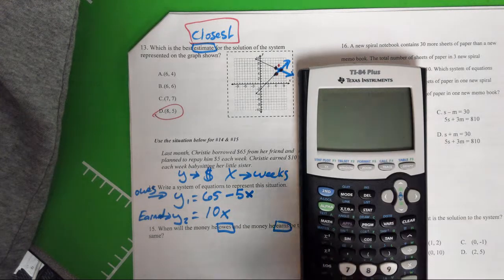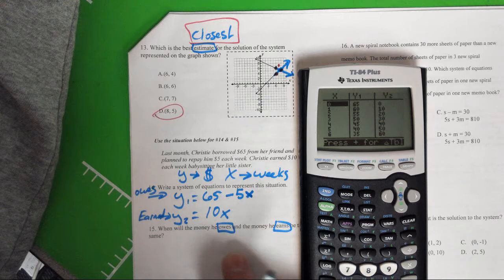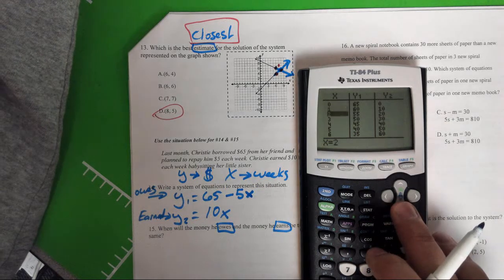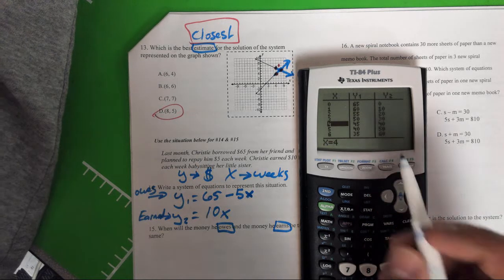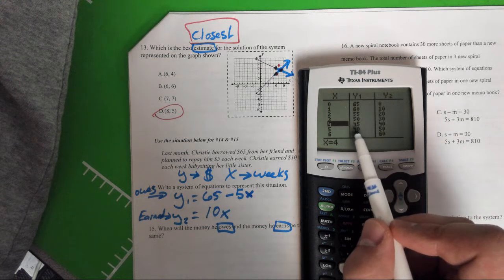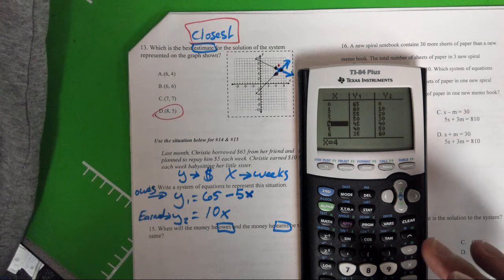Second graph takes me to my table. I'm looking for where Y1 and Y2 are the same. If I go down here, it's kind of funky, isn't it? We've got 45 and 40, and then all of a sudden we go from 40 to 50, so it's somewhere in the middle there.